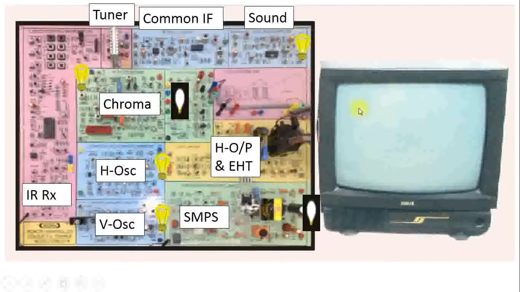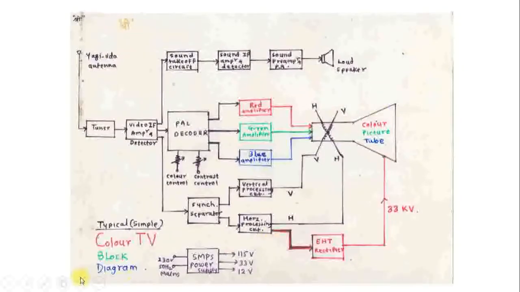So thus H coil is responsible to move the beam from left to right, and vertical oscillator output, which is amplified and given to the vertical coil, is responsible to move the beam from top to bottom. So now you have understood, okay, the different section, and we have compared this with this color television.